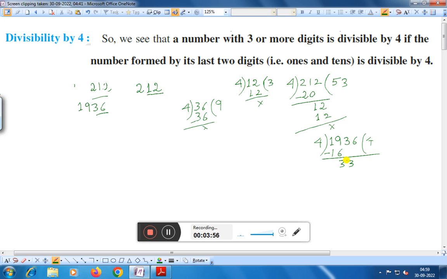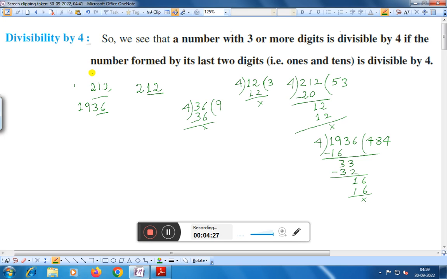Then we bring down 3, making 33. 4 eights are 32. If we subtract, it is 1. Then 6, making 16. 4 fours are 16. Therefore, this number is also divisible.